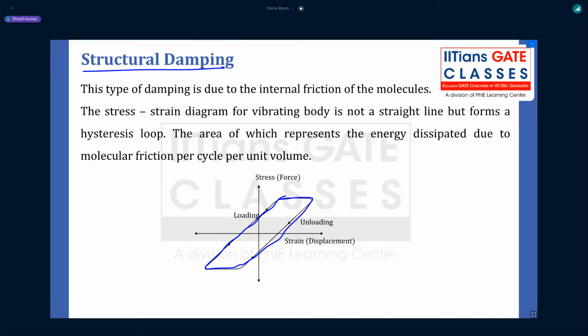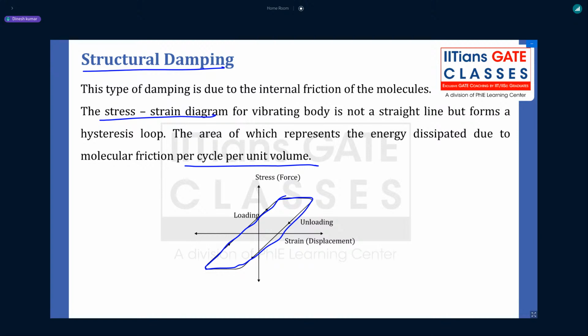So that is structural damping, due to intermolecular forces. Now we can see the stress-strain diagram. There is a hysteresis loop, and there is a molecular friction per cycle per unit volume. So that's all, theoretically, from the GATE perspective, either GATE mechanical or GATE aerospace, for the structural damping part.